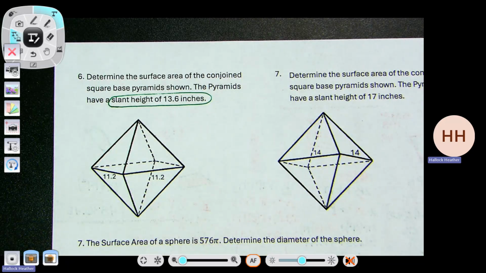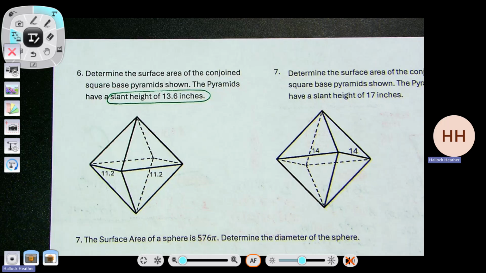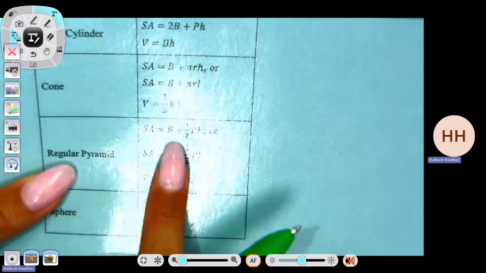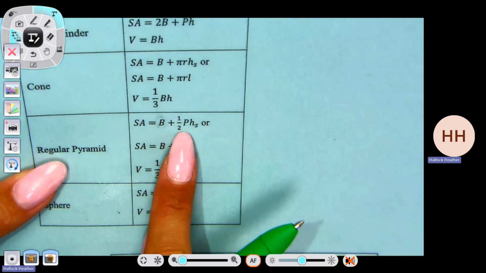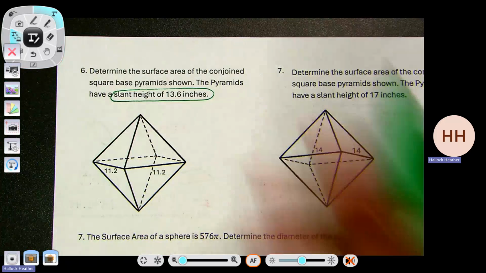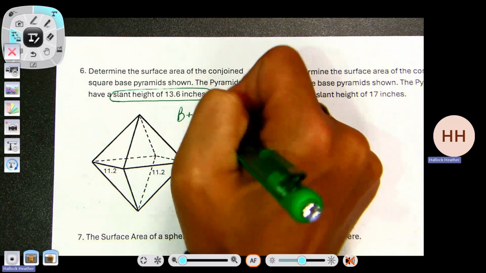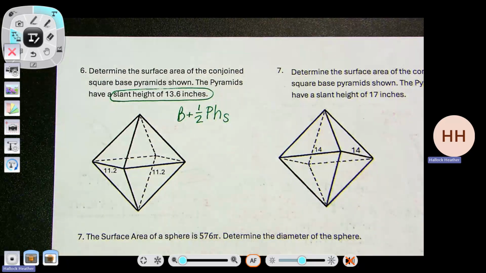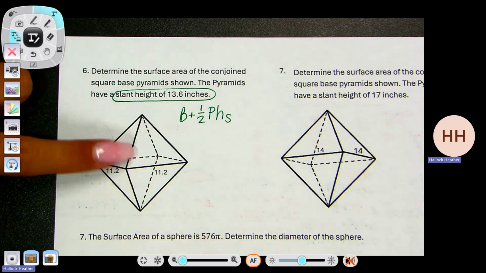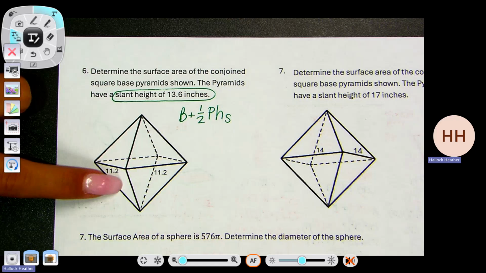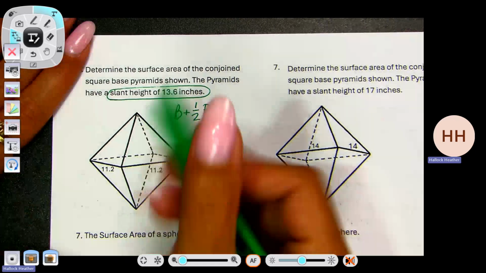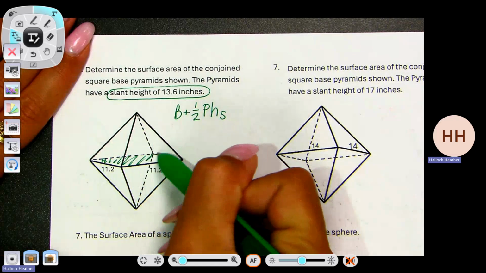The formula given for a pyramid is big B plus 1/2 P times little s. So we're going to write that first: big B plus 1/2 P s. If you think about what surface area actually is, you're taking wrapping paper and going around the outside. Now, if these two pyramids are conjoined, does the wrapping paper ever touch the base in the center?